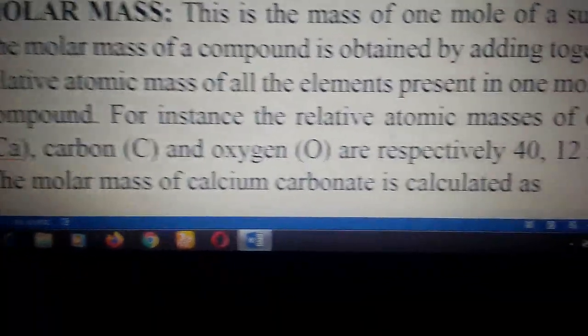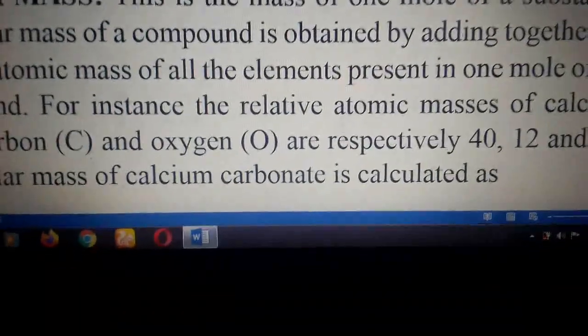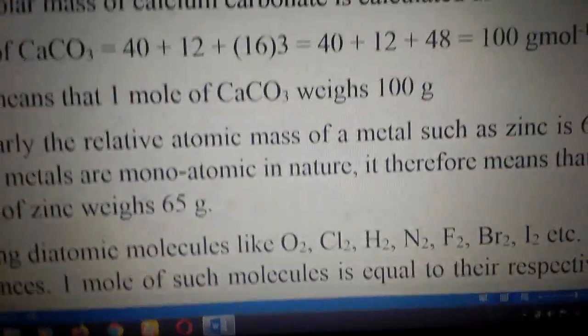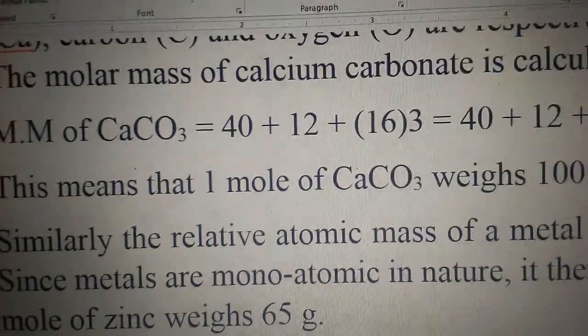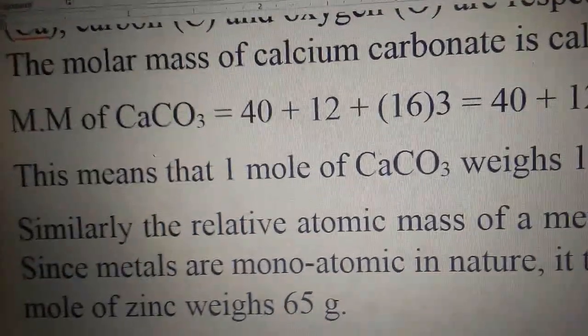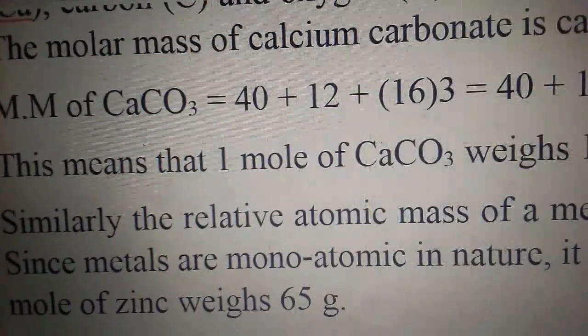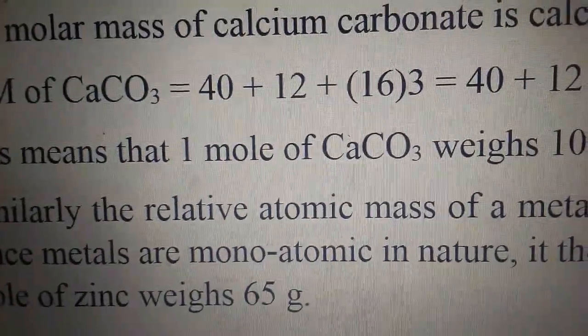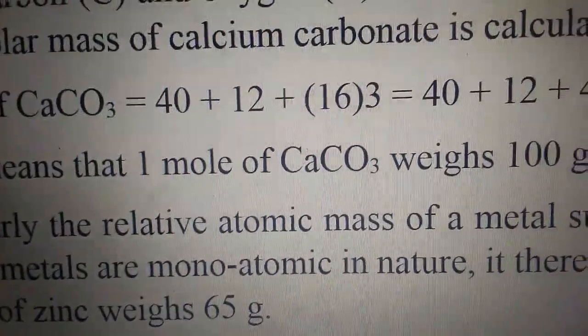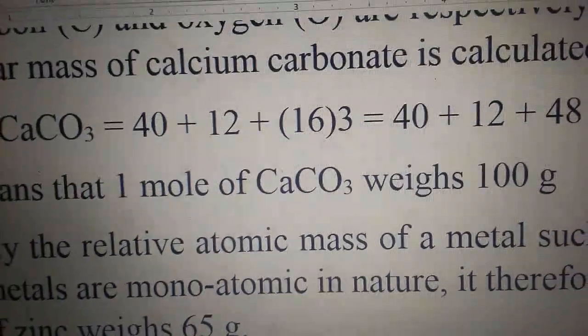So how do we calculate the molar mass of calcium carbonate? We add together the relative atomic masses of calcium, carbon, and oxygen, taking into consideration the number of atoms present. So calcium is 40 plus carbon 12 plus oxygen 16 multiplied by 3.